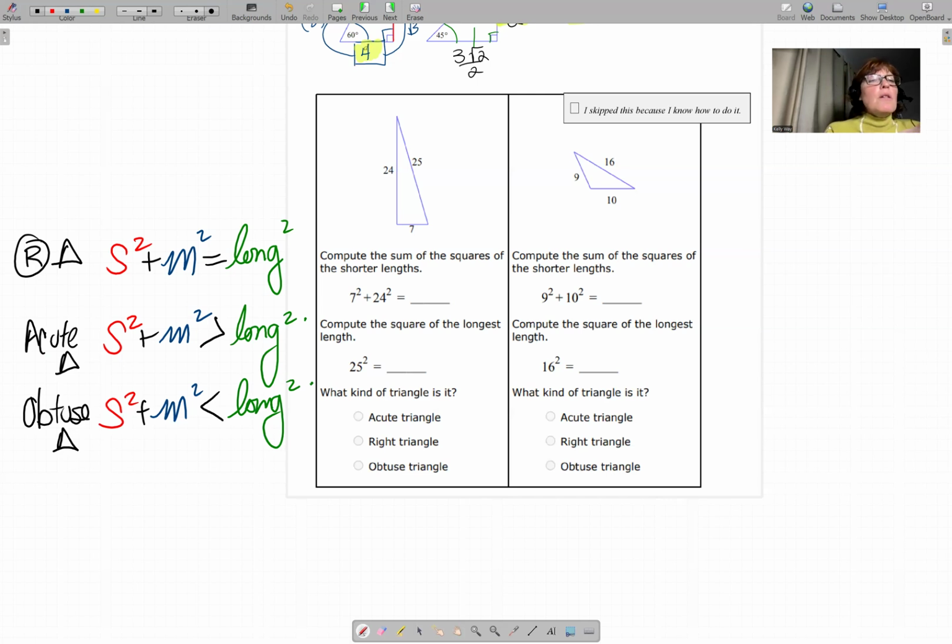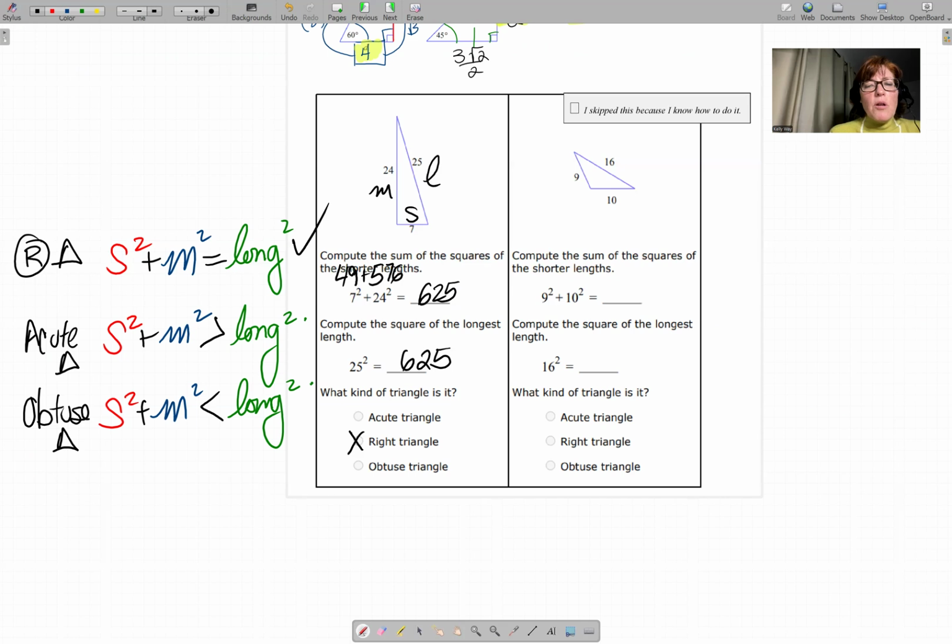Knowing this, 7 squared is 49, and 24 squared is 576, and if you add those two together, you get 625. 25 squared is also 625. So here's your short, medium, long. The short squared plus the medium squared equals the long squared.